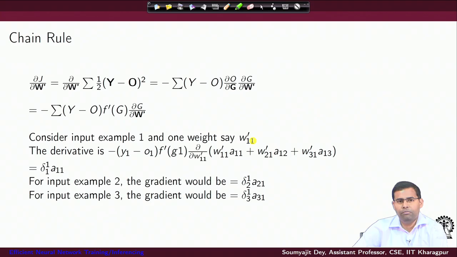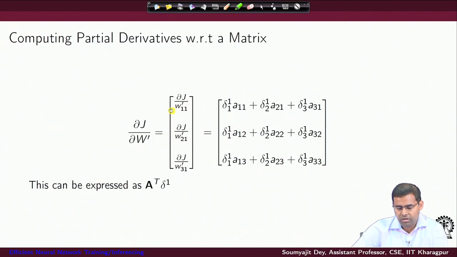If we keep on considering the other examples, overall the functional form that we will have for del j del w prime would be something like this, right, because w prime is going to have these different components like W11 prime, W21 prime, W31 prime, and of course there would be other elements here, and for each of them we have to figure out this.